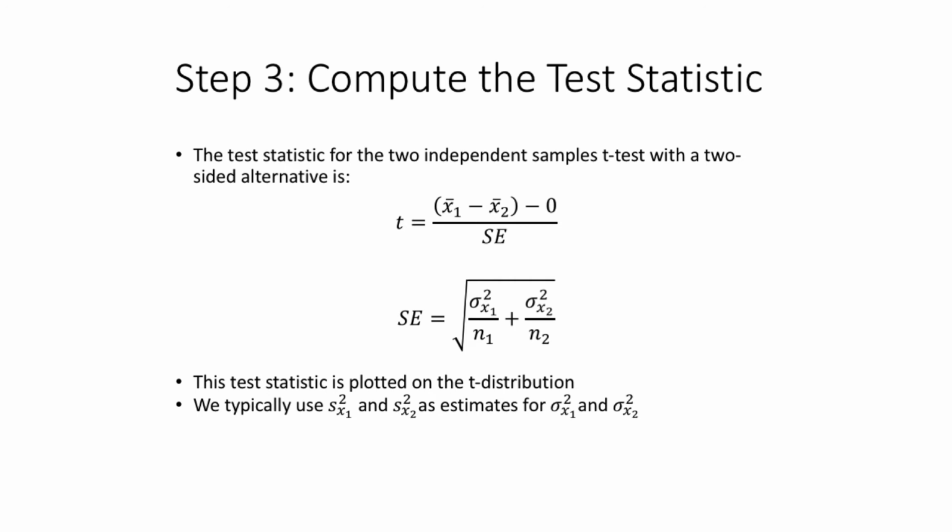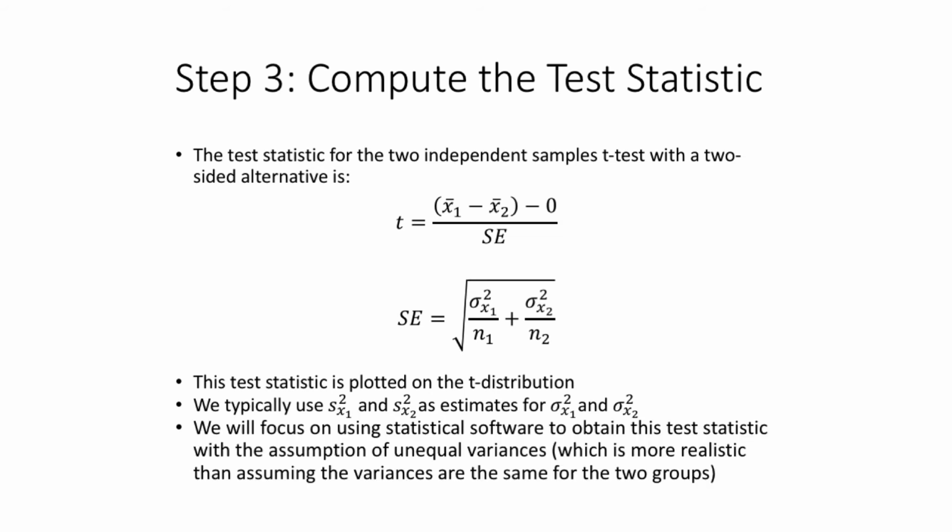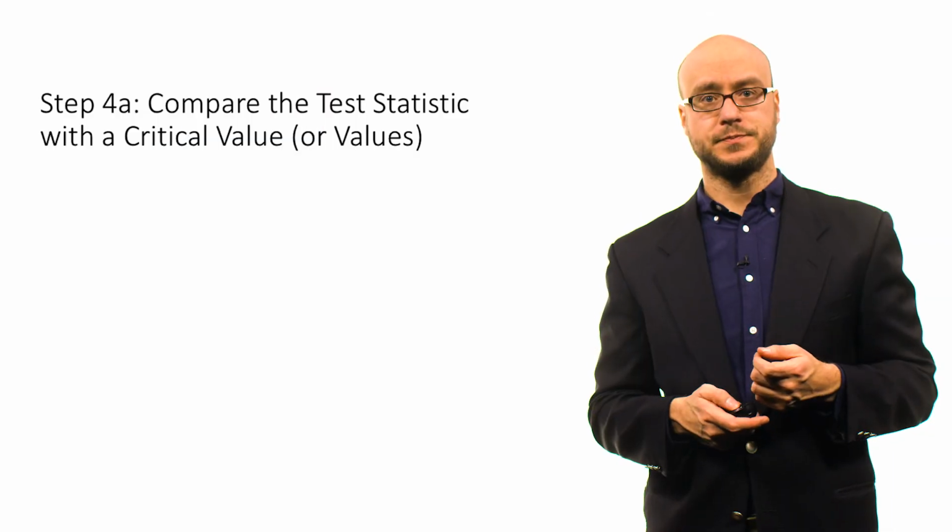In some statistical software programs, you'll see an option of assuming equal versus unequal variances for these two groups. We're going to assume that they're unequal, that the variance of one group is different from the variance of another group. Again, this is typically a more realistic assumption. You wouldn't always think that the spread of one group would be the same as the spread of another group in the population.